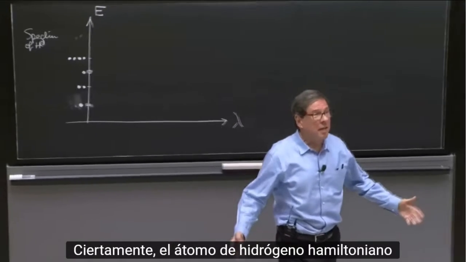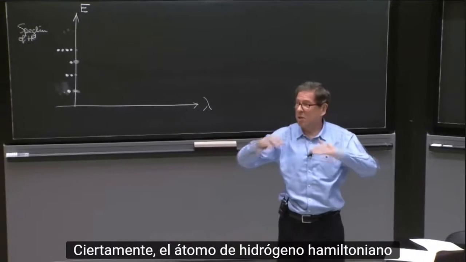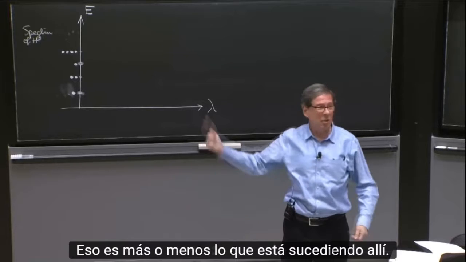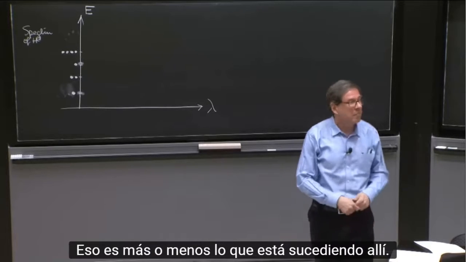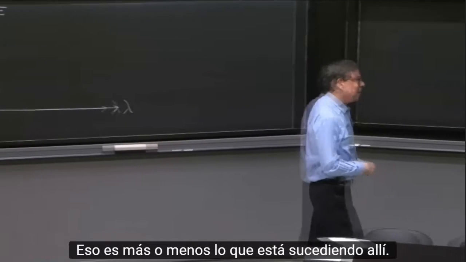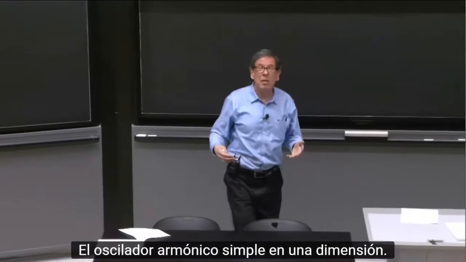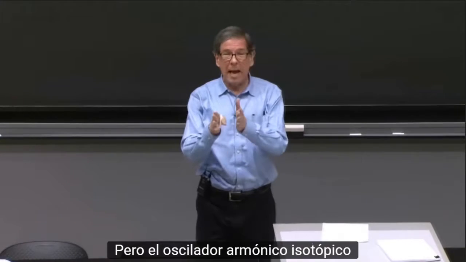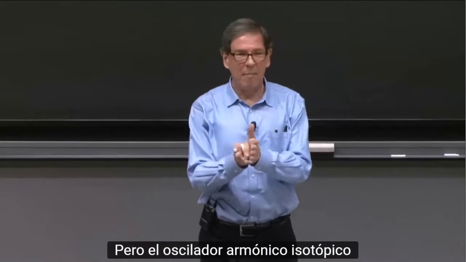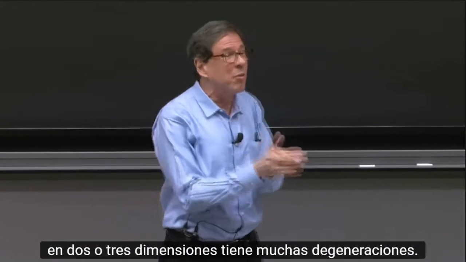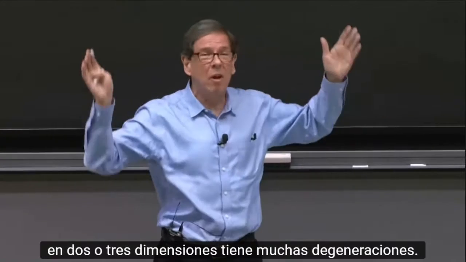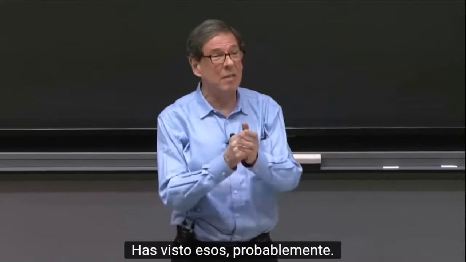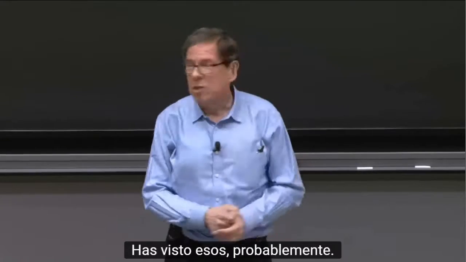Certainly, the hydrogen atom Hamiltonian has degenerate states, so that's roughly what's happening there. The simple harmonic oscillator in one dimension doesn't have degenerate states, but the isotropic harmonic oscillator in 2 or 3 dimensions does have lots of degeneracies. You've seen those probably. So that's typical.